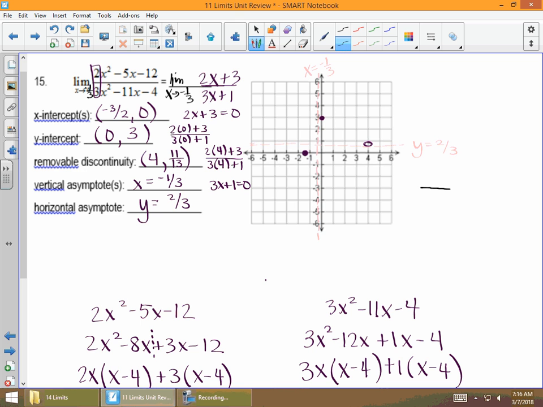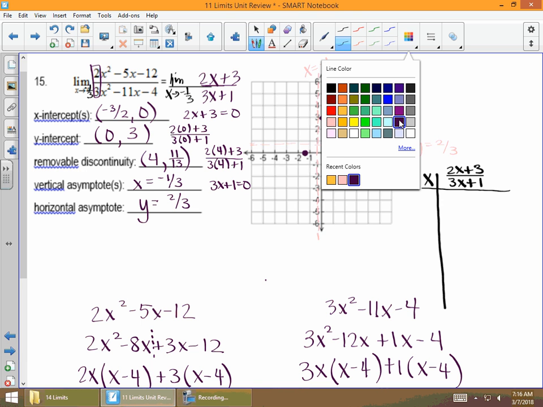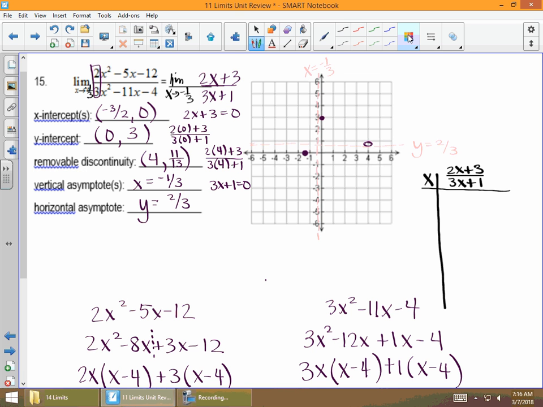I'm still going to go ahead and do this table. And I'm going to use, just like I did with the last problem, our simplified form. And I'm just going to pick some values that are leading up to that asymptote.